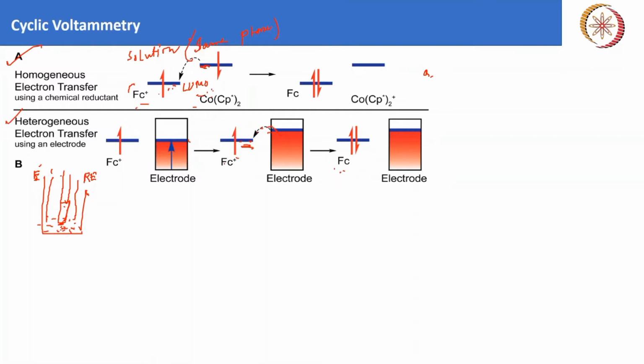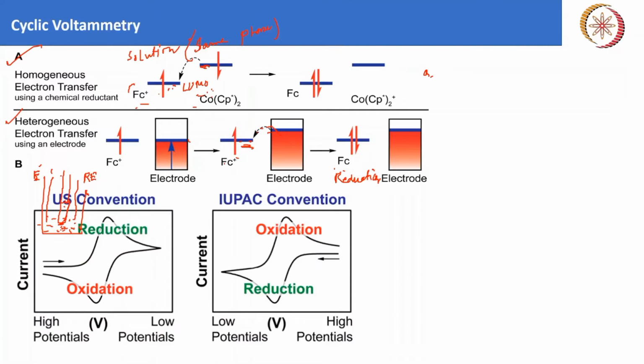This process is called a reduction process. Everything in the electrochemical process is heterogeneous electron transfer.